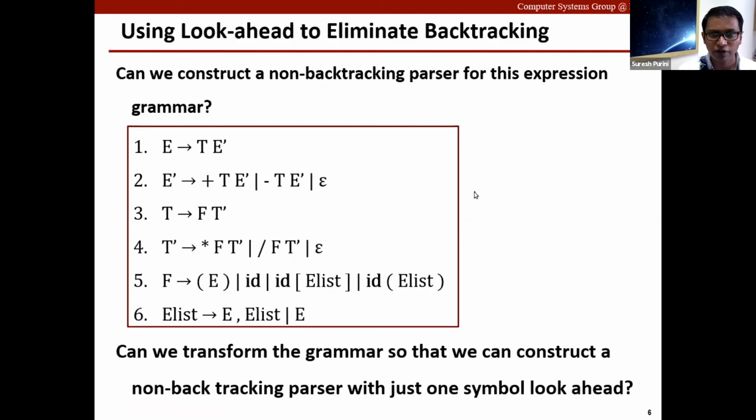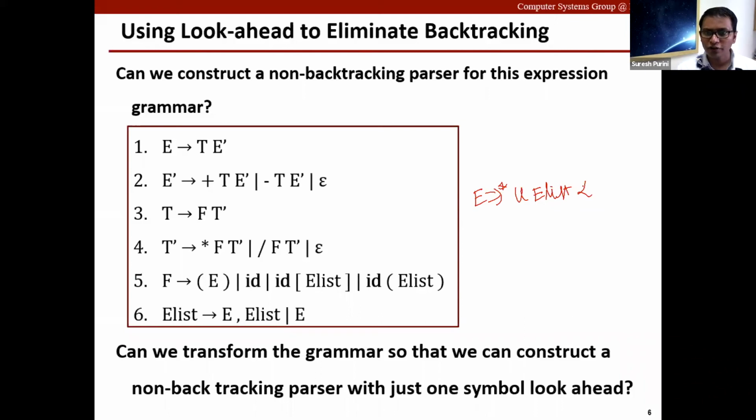So you start from E, and you have generated U already. You have the E list non-terminal symbol followed by some string of terminal and non-terminal symbols. So E list is the current non-terminal symbol, and what is E list? E list is either an expression or a comma separated list of expressions.